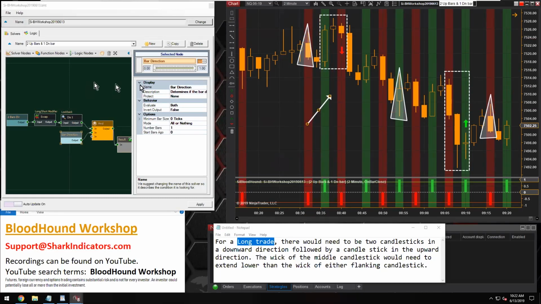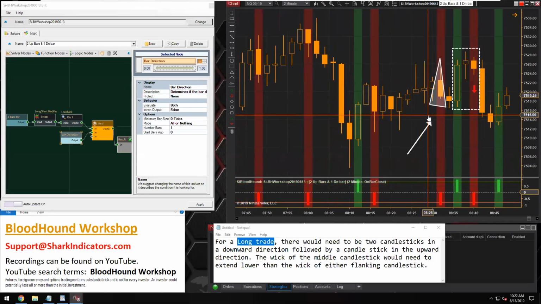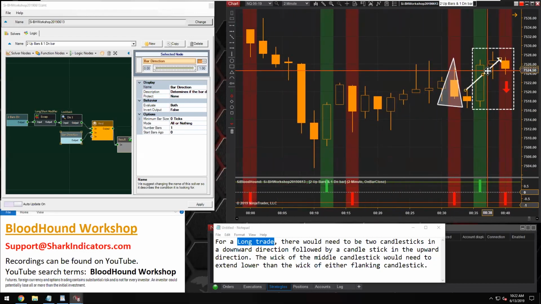Looking at the wicks, simply put, we're going to look at this from this bar's standpoint. Let's scroll this over. The bar that should have the signal on it, the signaling bar, when this bar closes, we look back from the standpoint of this bar. First, we compare the high price to the high price of the bar back.